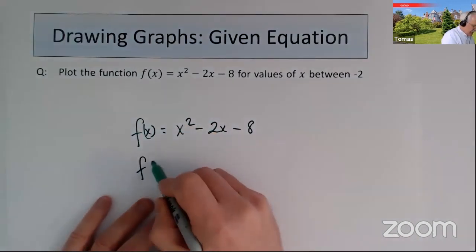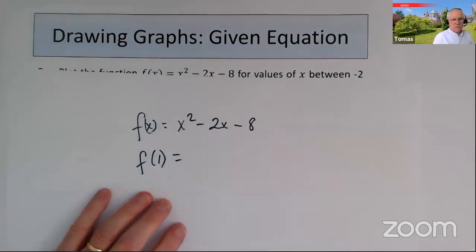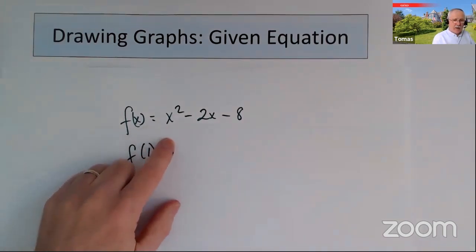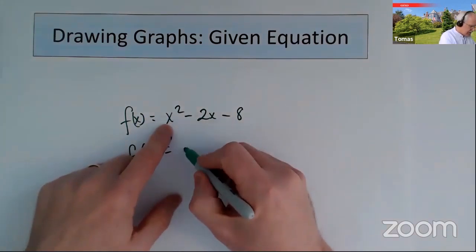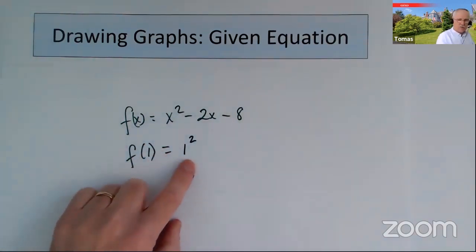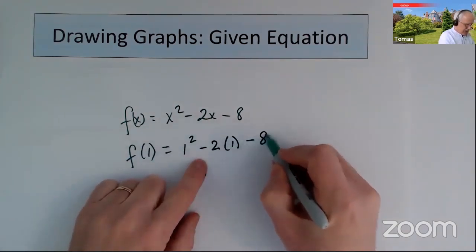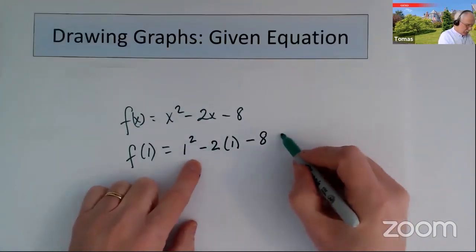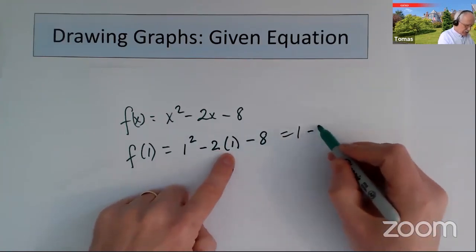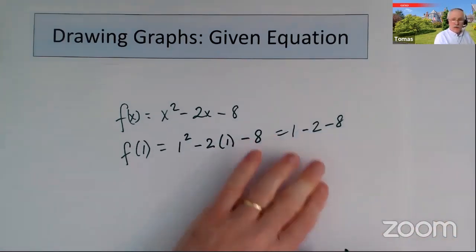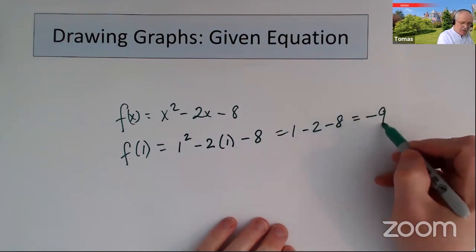What is the answer when x is equal to 1, for example? Everywhere there is an x, we put in a 1. So x squared is 1 squared, minus 2 times 1, minus 8. So 1 squared is 1, minus 2, minus 8. And 1 minus 2 minus 8 is minus 9.